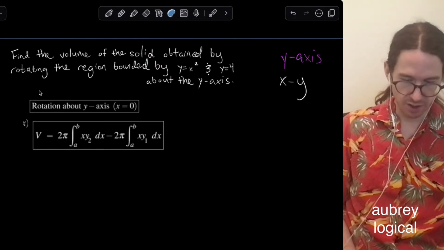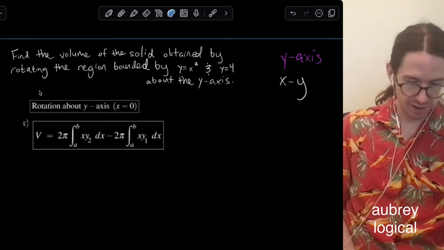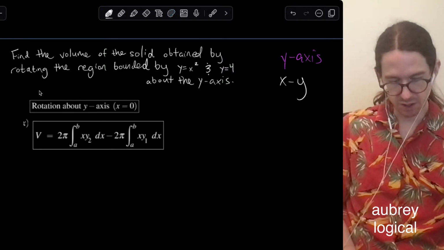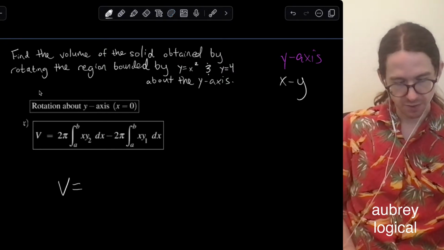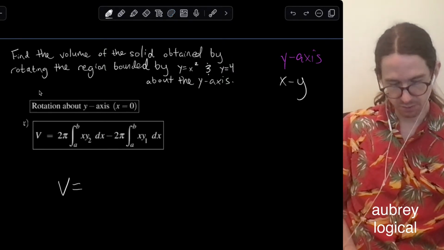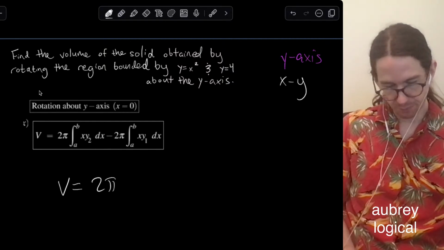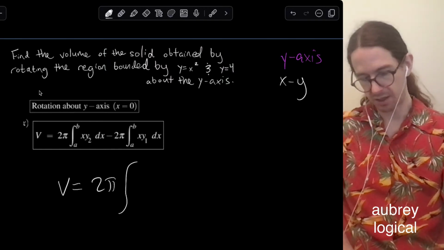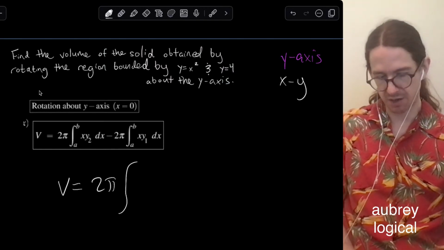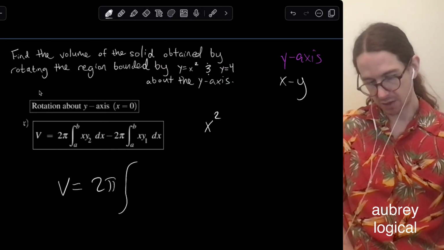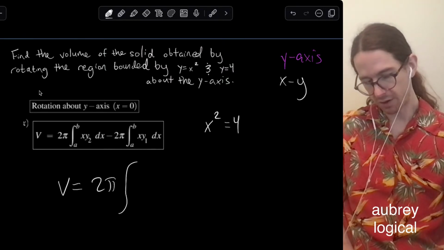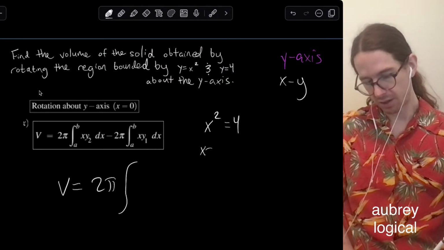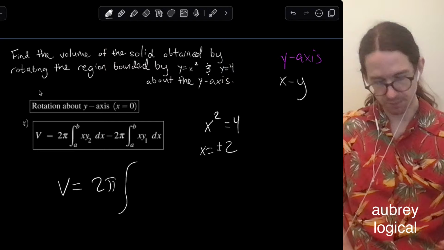Alright, so we got our convenience, we have which axis, so let's go ahead and write our equation using our formula. So the volume is equal to 2 pi. Let's go ahead and set these two equations equal to each other to figure out our bounds. So we have x squared is equal to 4, so the answer is going to be plus or minus 2.